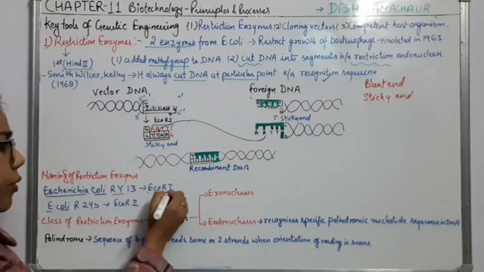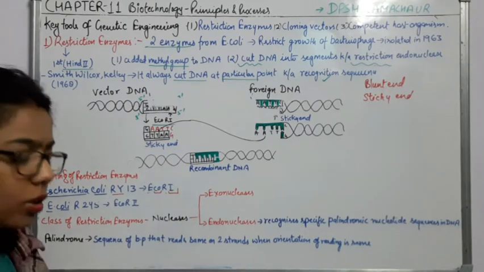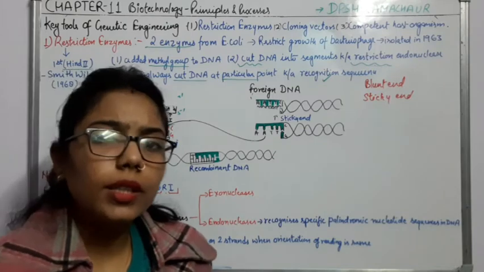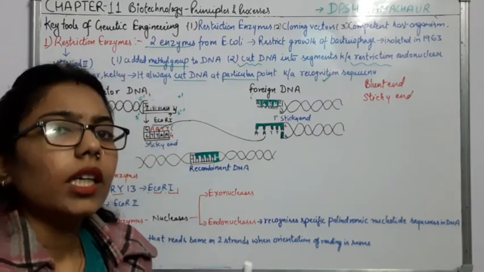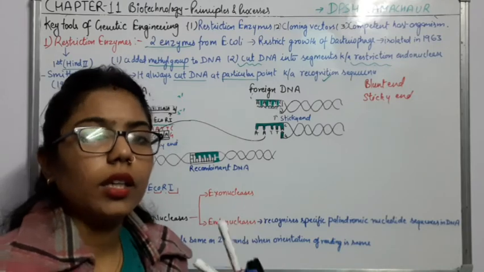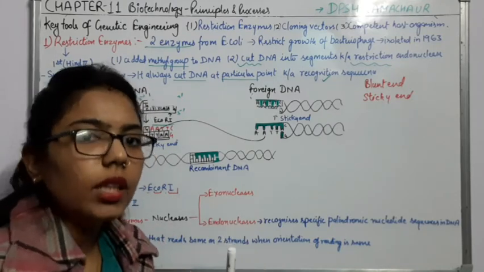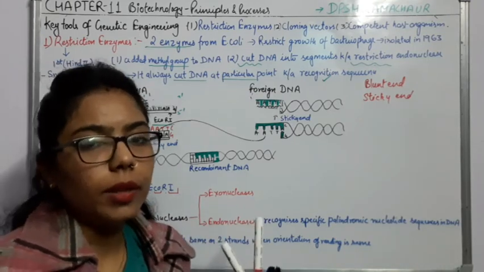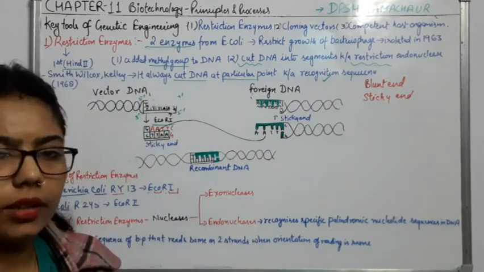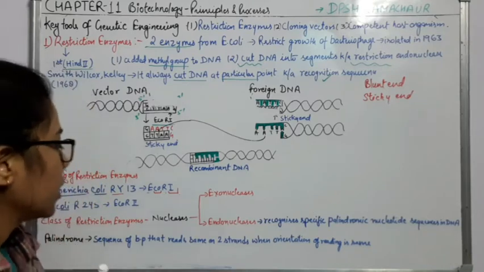And the Roman numeral shows the sequence of isolation. The restriction endonuclease which comes first gets the first Roman numeral, and the one that comes later gets the next number.